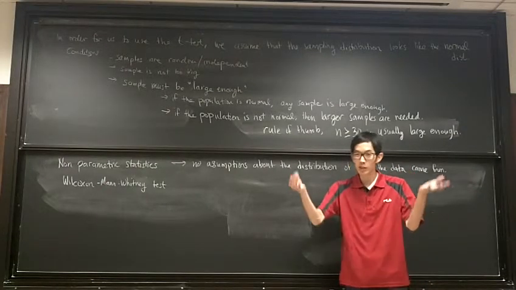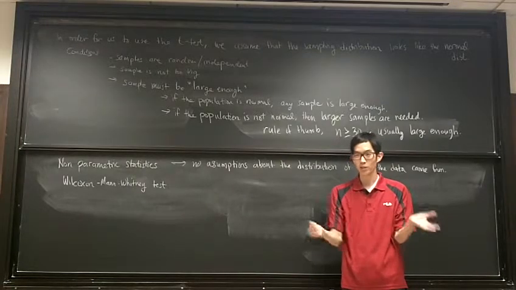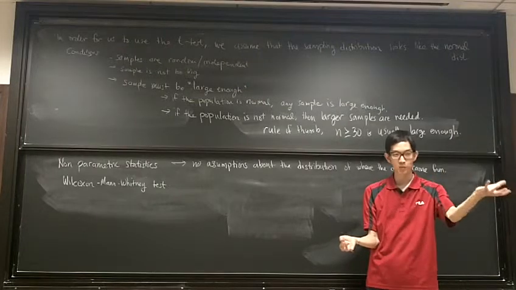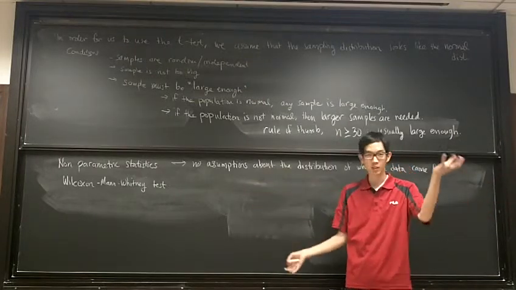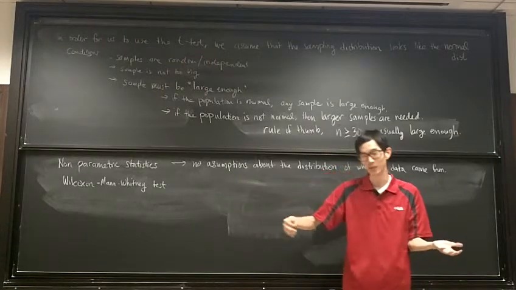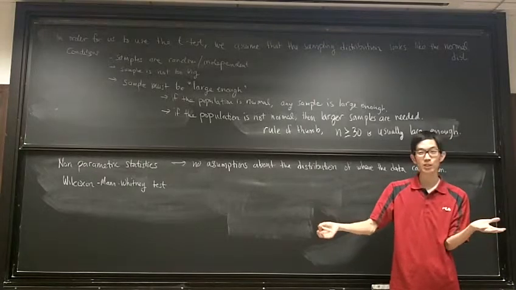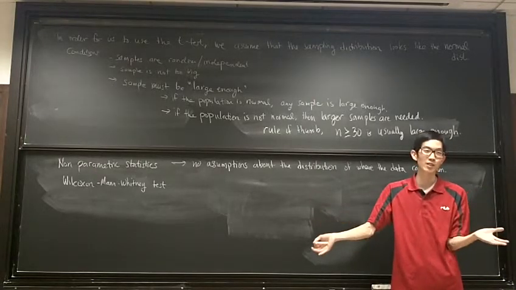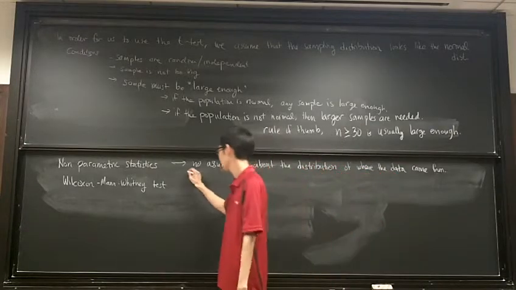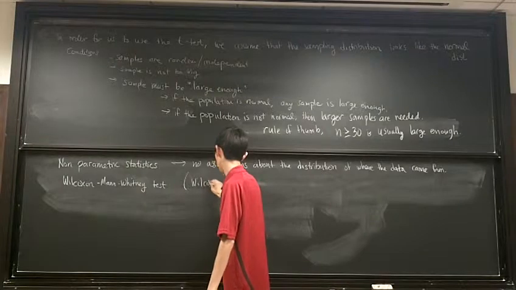But the process looks and feels very different, and so that's why these two tests existed, because one group came up with the Wilcoxon-Mann-Whitney test, and then I guess Wilcoxon later on developed the Wilcoxon rank sum test, and they looked very different, but it turned out that they were exactly the same.